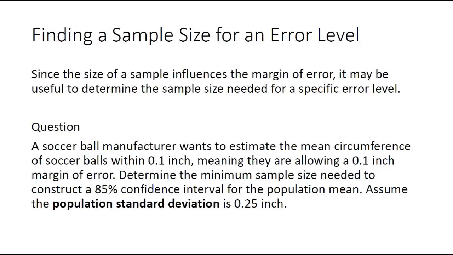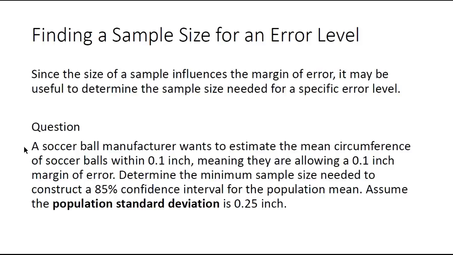One other thing you might be asked to find here is if you're given a certain amount of error that's acceptable, to figure out what the sample size you would need to look at to see if you meet that. So here's a question. It says a soccer ball manufacturer wants to estimate the mean circumference of soccer balls within 1/10 of an inch.